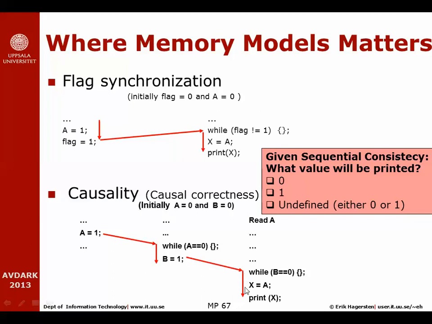The order we get by following the red line is one possible interleaving of all the different loads and stores happening in this machine, but nobody should be able to contradict that order. So we know that A happened before B, and since we have seen B here, we know that A has happened. So once more, x is going to get the value 1, and we're going to print the 1.